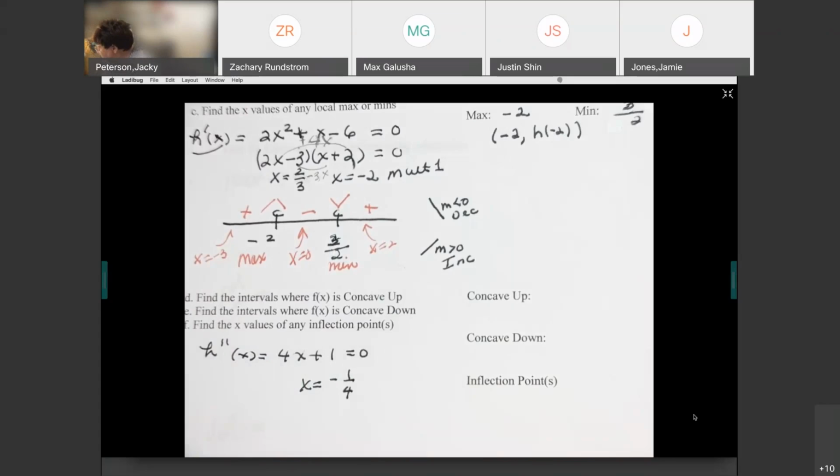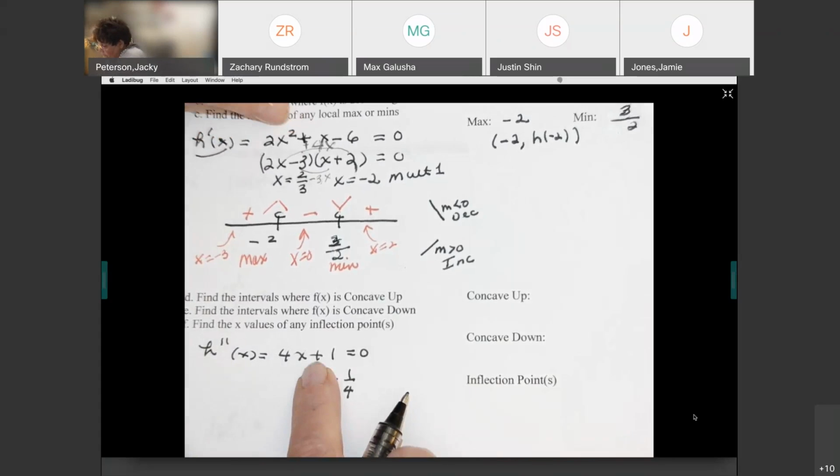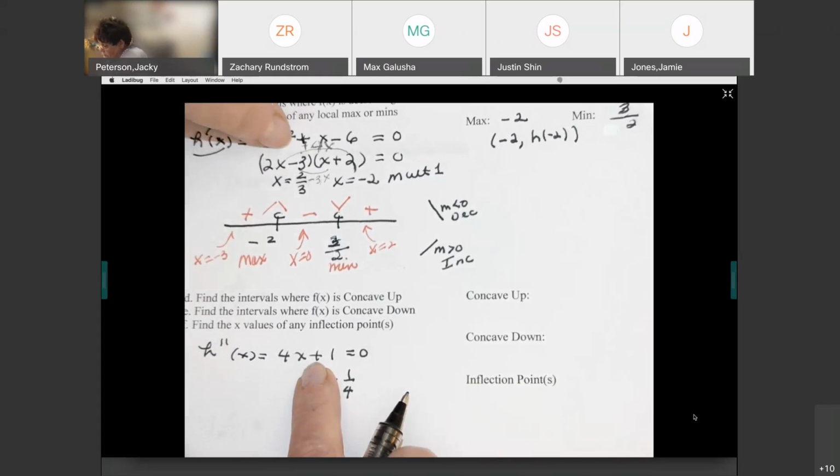And I think I've got an error on the key if this is correct. Because this is negative. So when I take this derivative, that's positive. If this is positive, when I take the derivative, this is 4x plus 1.